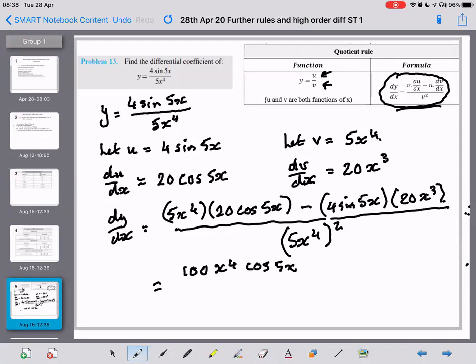Minus 4 times 20 is 80x to the 3 sine 5x.